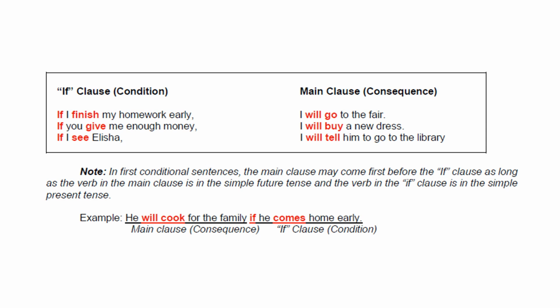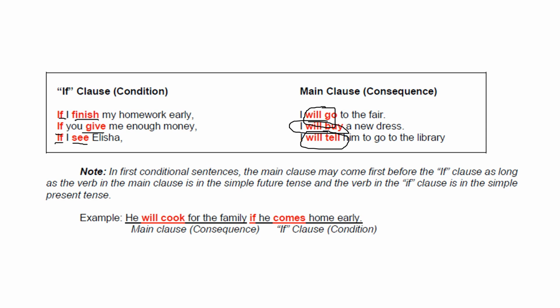We will see the examples of the following. If I finish my homework early, here it is, finish, I will go to the fair. If you give me enough money, I will buy a new dress. If I see Elisha, I will tell her to go to the library.